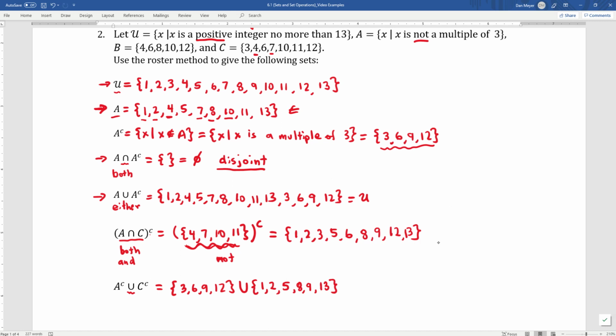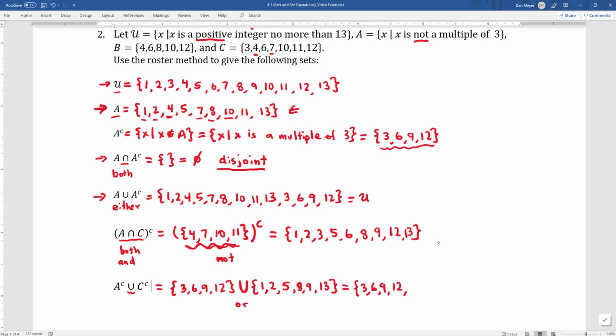And now we're doing the union. We want all of the elements that are in either of those sets, or perhaps both. Remember, with the union is or, we want all the things that are in A complement or in C complement. So if we just march down A complement first, we can just copy down that set, 3, 6, 9, 12.